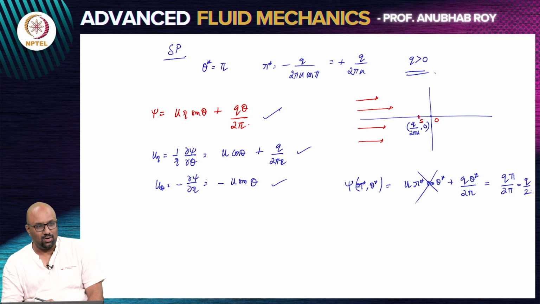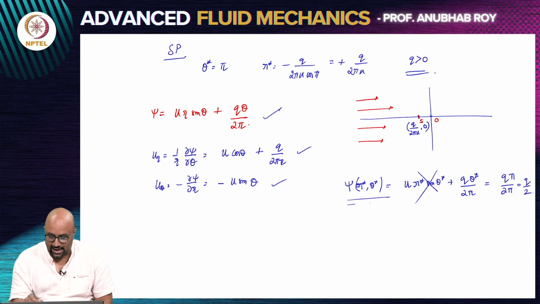If I have found the value of the stream function at the stagnation point, then a streamline that passes through the stagnation point should have exactly the same value.